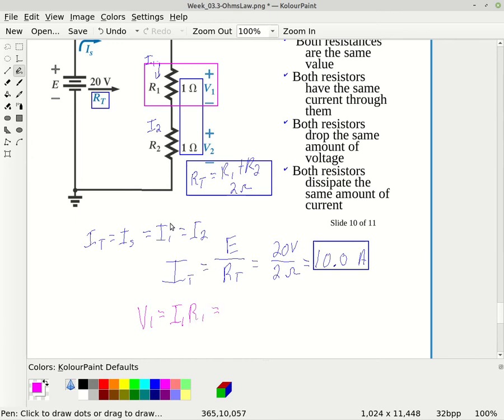But remember, I1 is the same as the total because it's a series circuit. So we're going to have 10 amps times the resistance of 1 ohm, which is going to be 10 volts.